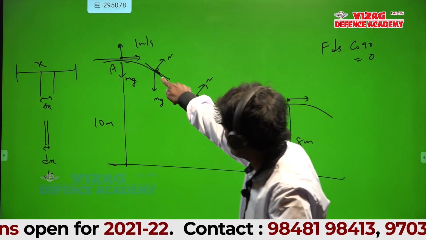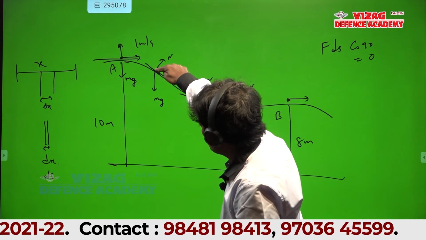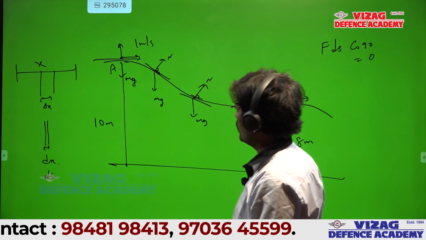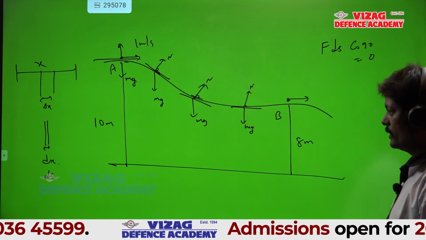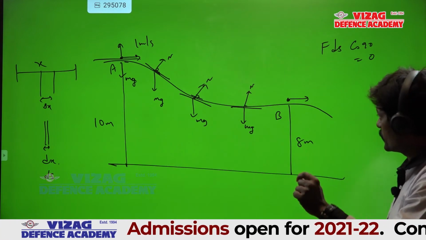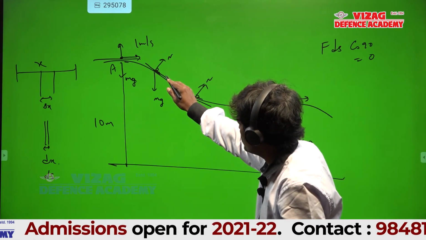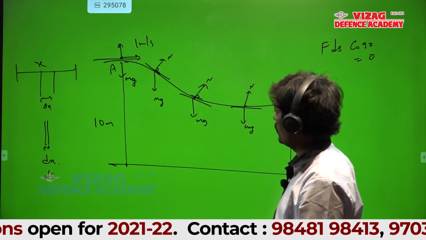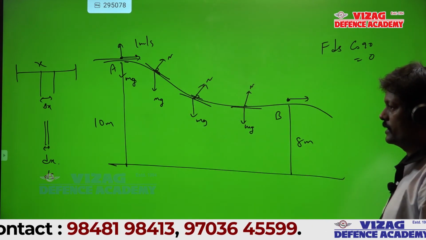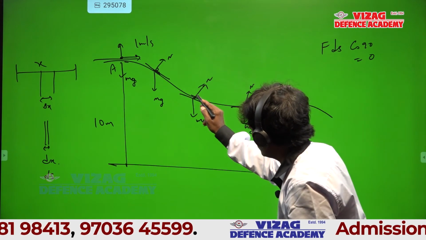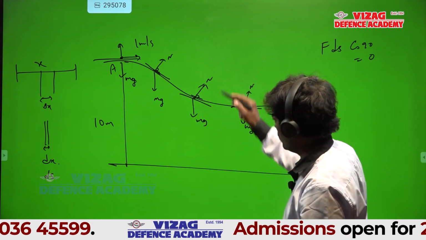The small displacement here, ds, and normal reaction are, that instantaneous displacement and normal reaction are, complete the sentence. Here also instantaneous displacement and normal reaction are.